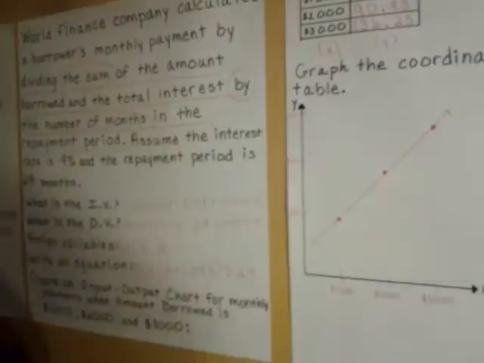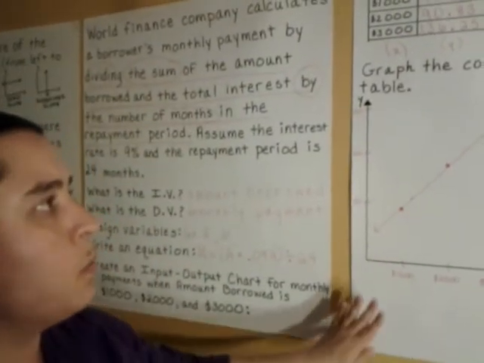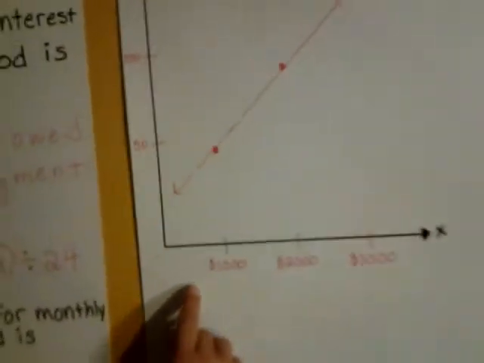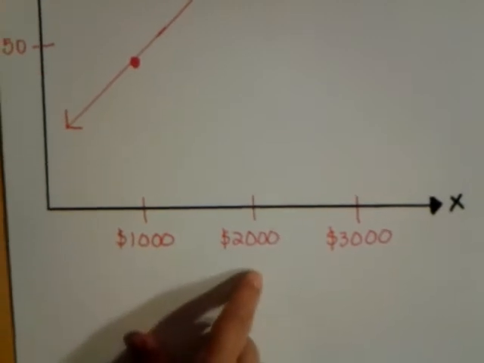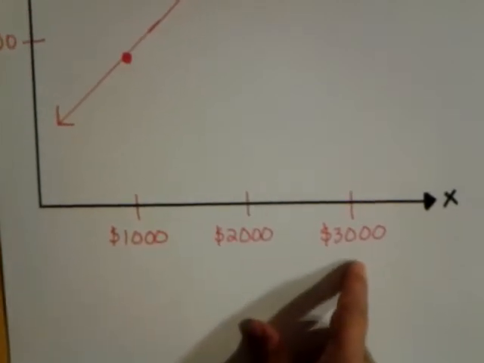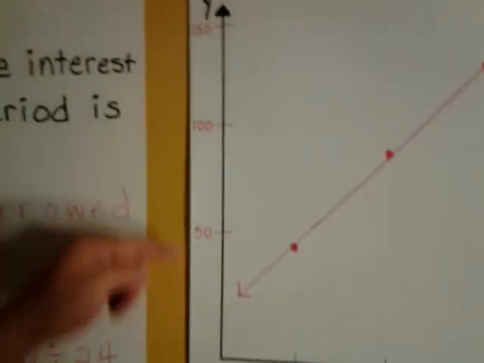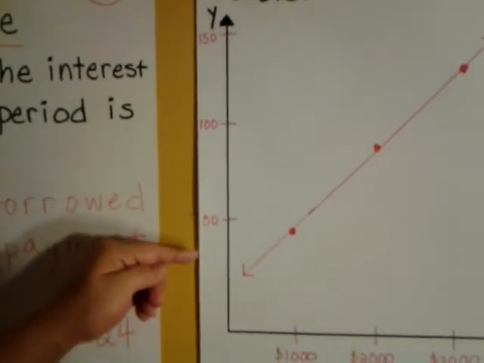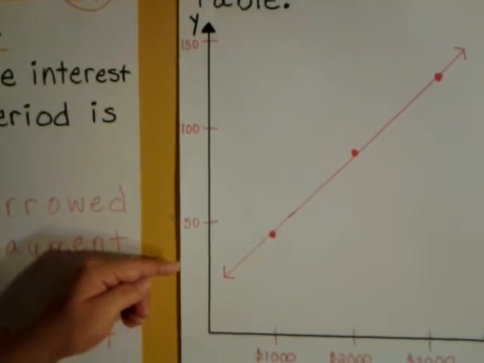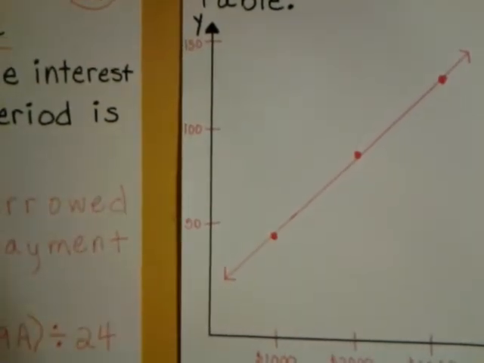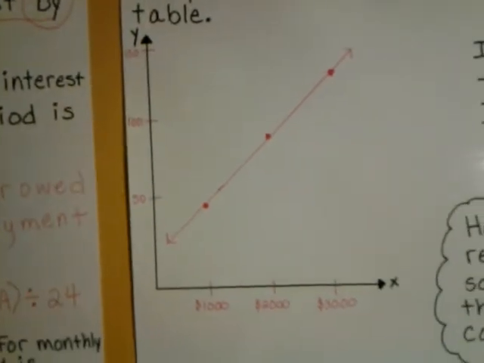We might want to graph this linear relationship on a coordinate grid. We've scaled the x-axis so that it can represent the values $1,000, $2,000, and $3,000. And we've scaled the y-axis so that it can represent values as low as $45.42 and as much as $136.25.